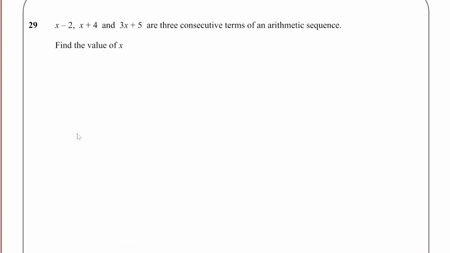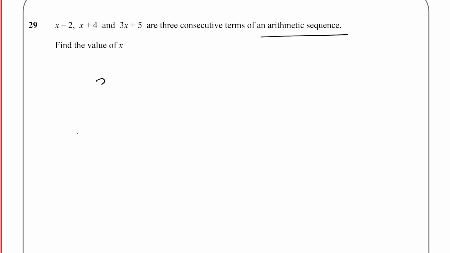Question 29. x minus 2, x plus 4, and 3x plus 5 are 3 consecutive terms of an arithmetic sequence. Find the value of x. So in an arithmetic sequence, that means we go up by the same thing every time.